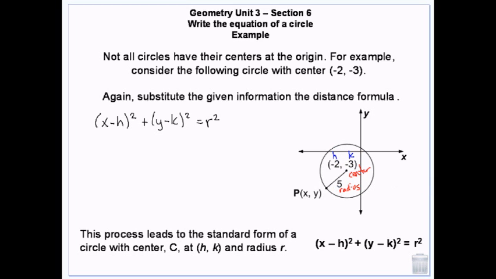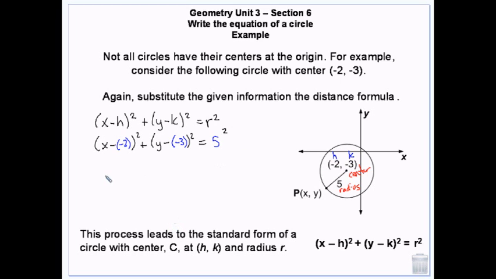H comes before K, so that's how you can remember which one goes where. Or you can think of it, X's go with X's, Y's go with Y's. H was -2. K is -3. And R is 5.